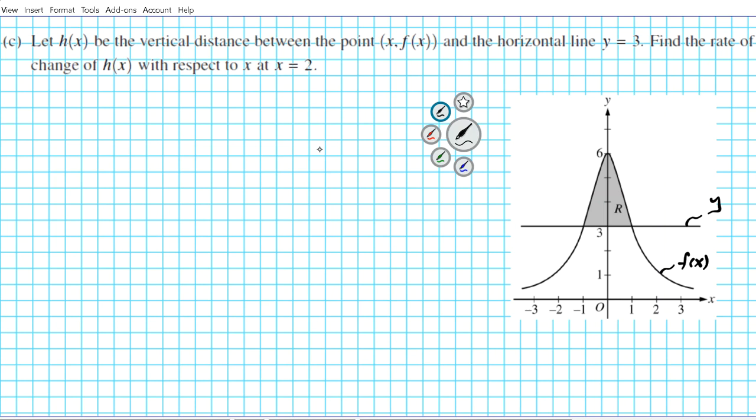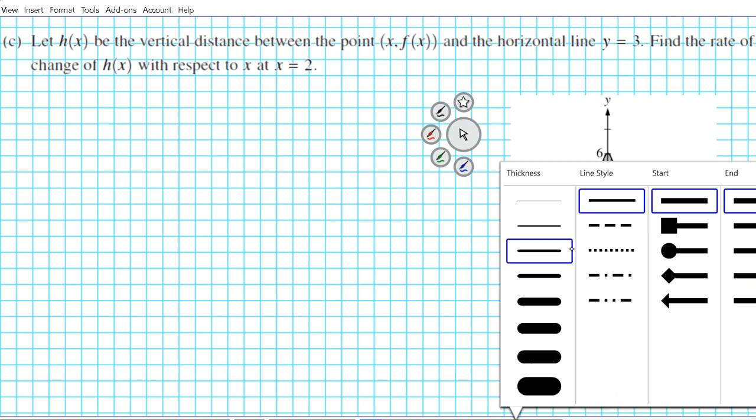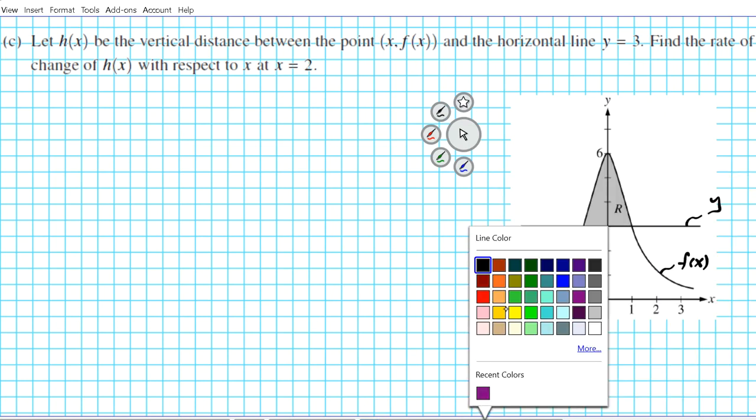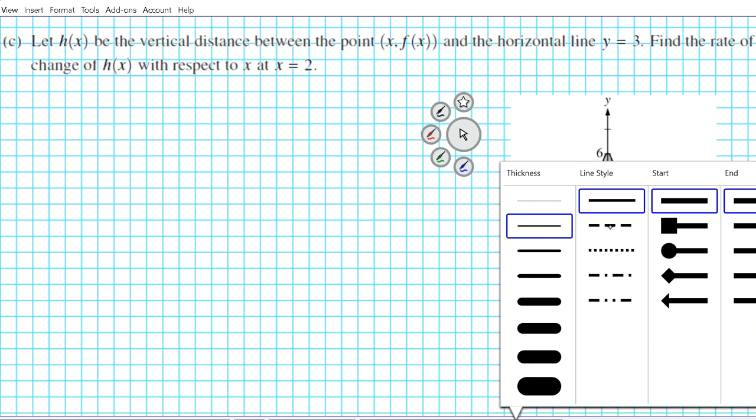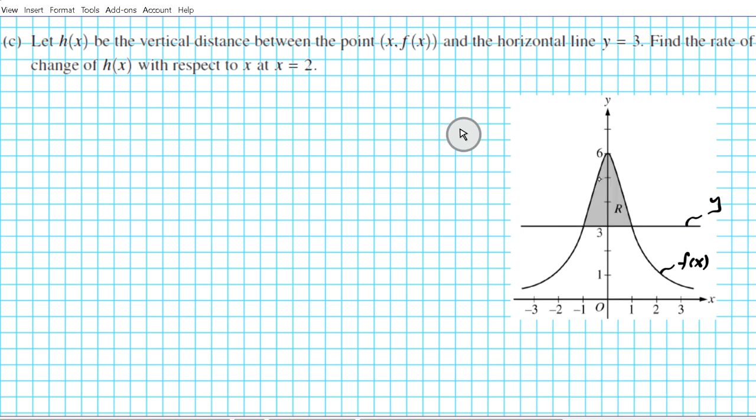So what on earth is this h of x function? It's a vertical distance. So let's give ourselves a visual as to what it is first, and then we are going to go ahead and set up an expression for that. Let's start it out. So h of x is, let's see, we have a point. Just pick a point on f of x, and then you're looking for that distance.